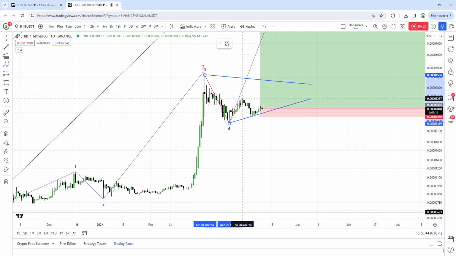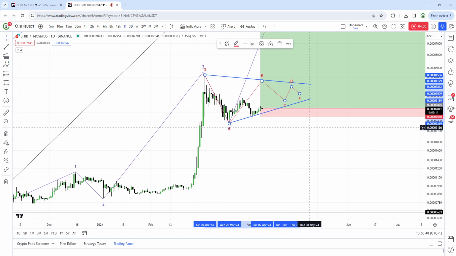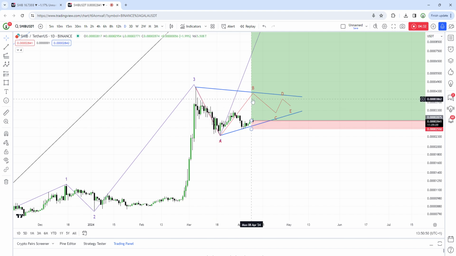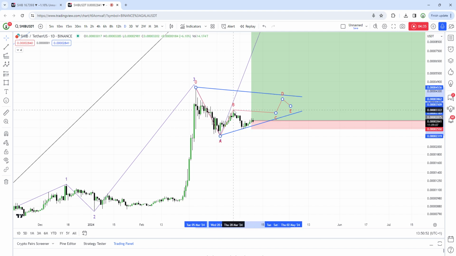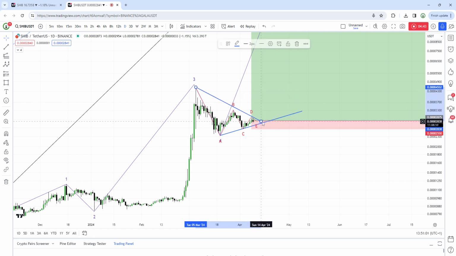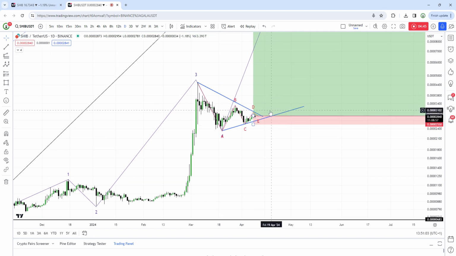So maybe the B leg comes up, something like this, and it will just contract. It's very possible that this could be a B leg, and that this could be C, and we could do something very, very minute. This could be E, and it could be very, very small, and it's just off.